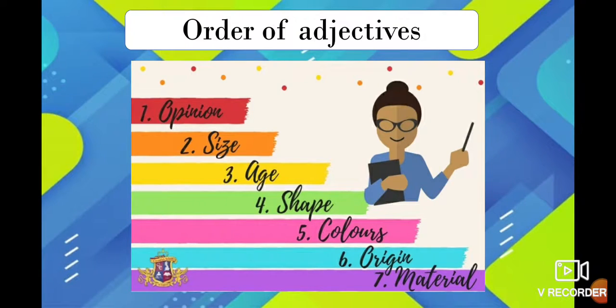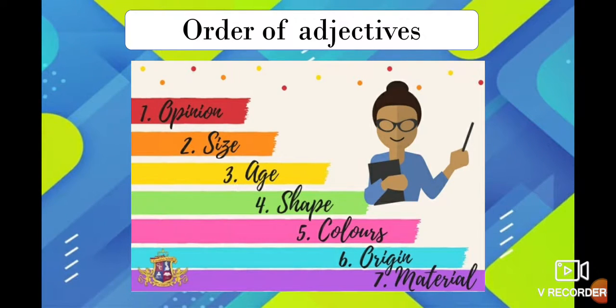First one, the order of adjectives. You know that an adjective is a word that you use for describing a person, an animal, a place, or maybe an object. And you use this for giving a characteristic of the object or the thing that you have in front of you.